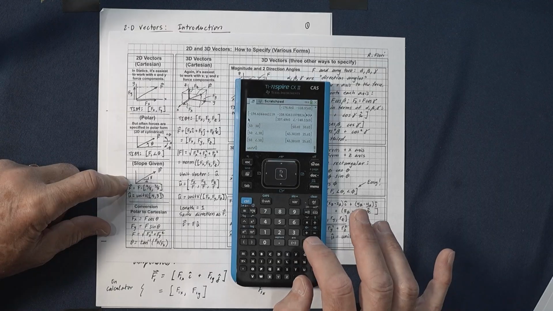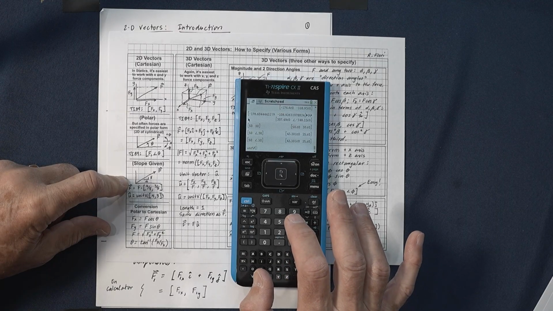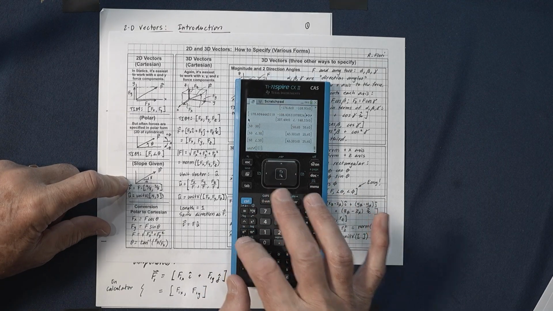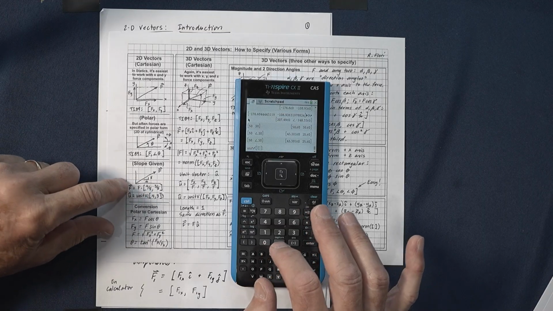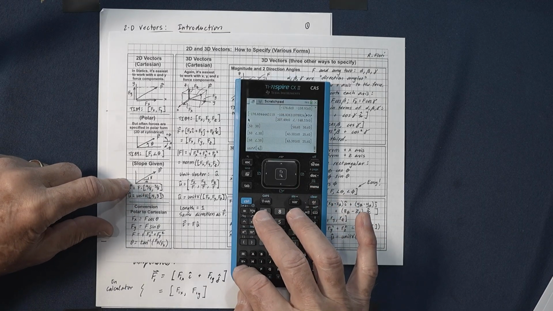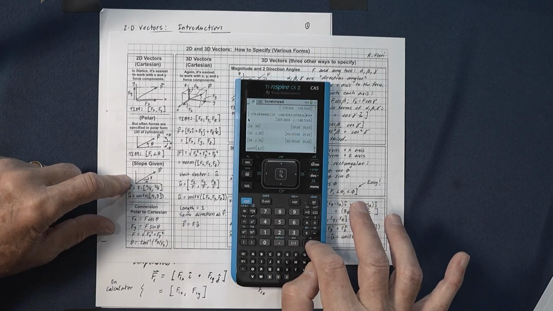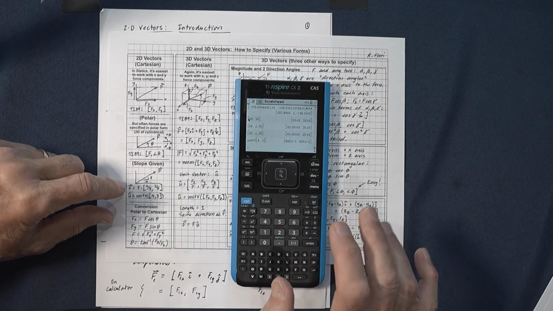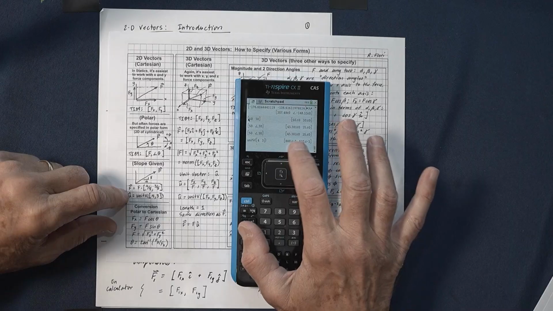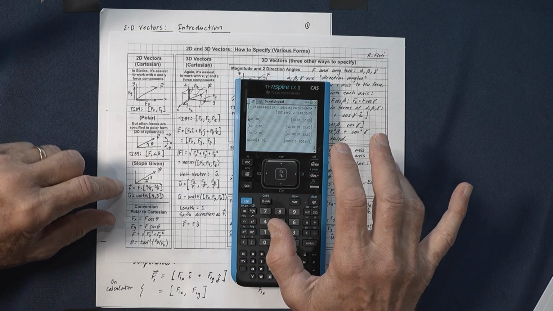You just hit enter and then put in square brackets. In this case, the 4 is the x, so 4, comma, 3 is the y, 3, enter. And it automatically converts that to a unit vector, which is 0.8 and 0.6.